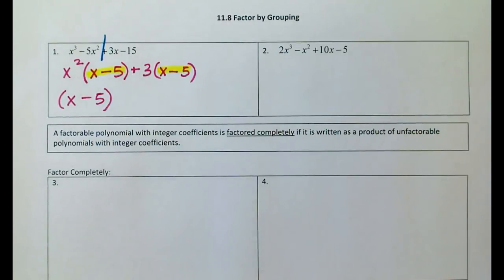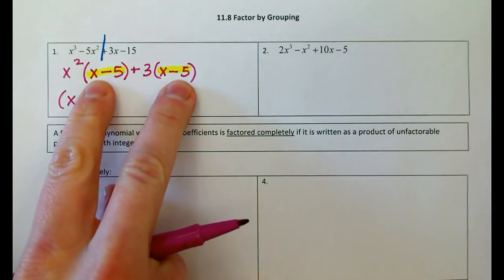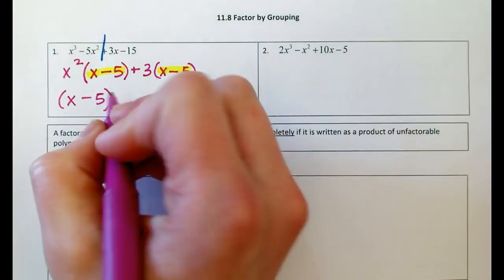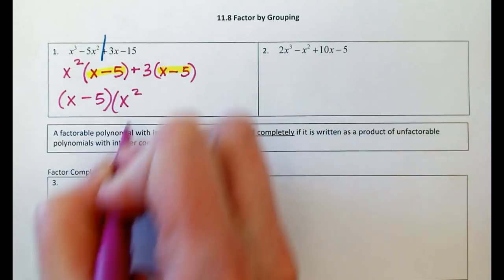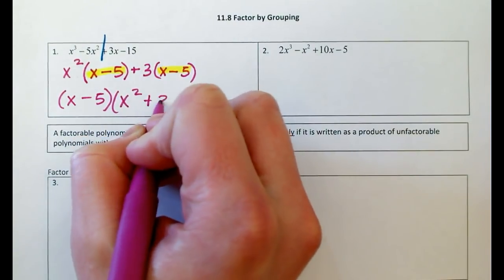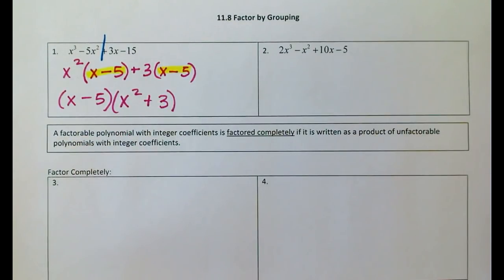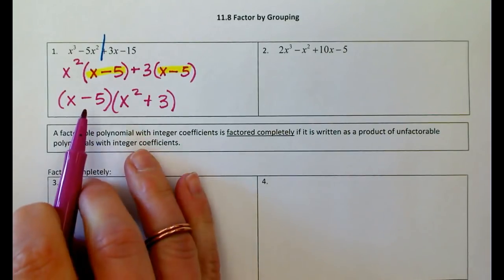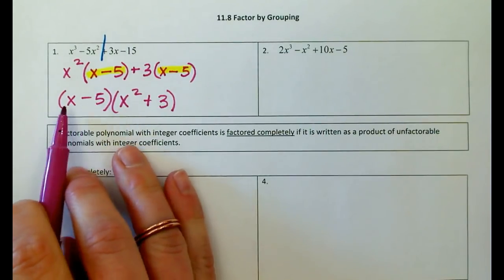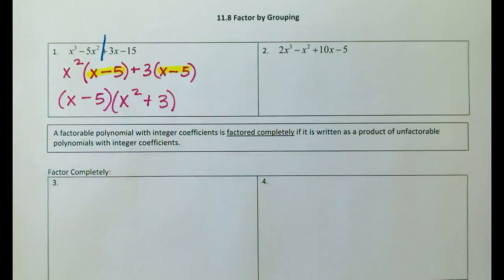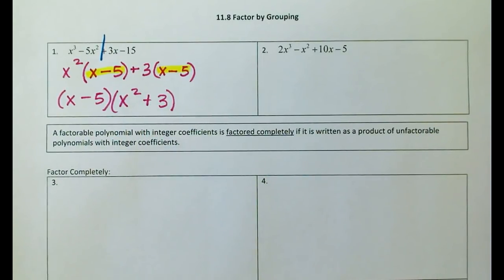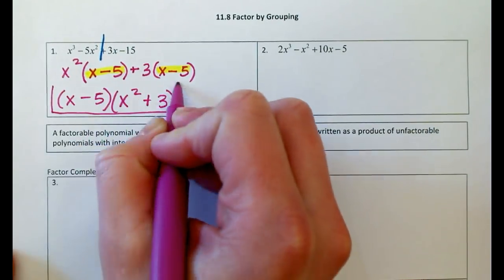Once I factor out the GCF of x minus 5 from both of these terms, all I have left is x squared plus 3 on both of those terms. I'm going to double check that I've got nothing left in common between my 2 factors, and I don't. So this is fully factored.